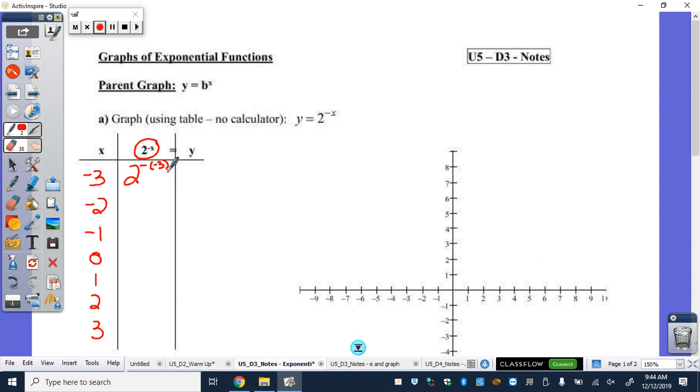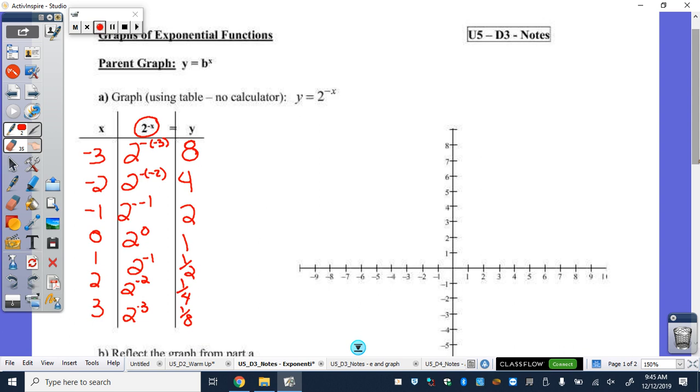So 2 to the third would give us 8. 2 to the -2, 4. 2 to the -1, 2, to the 0, 1. 2 to the -1 would be 1/2, 2 to the -2 would be 1/4, and then 2 to the -3 would be 1/8. So you want to get yourself some points, and then we're going to plot the points on our graph over here.